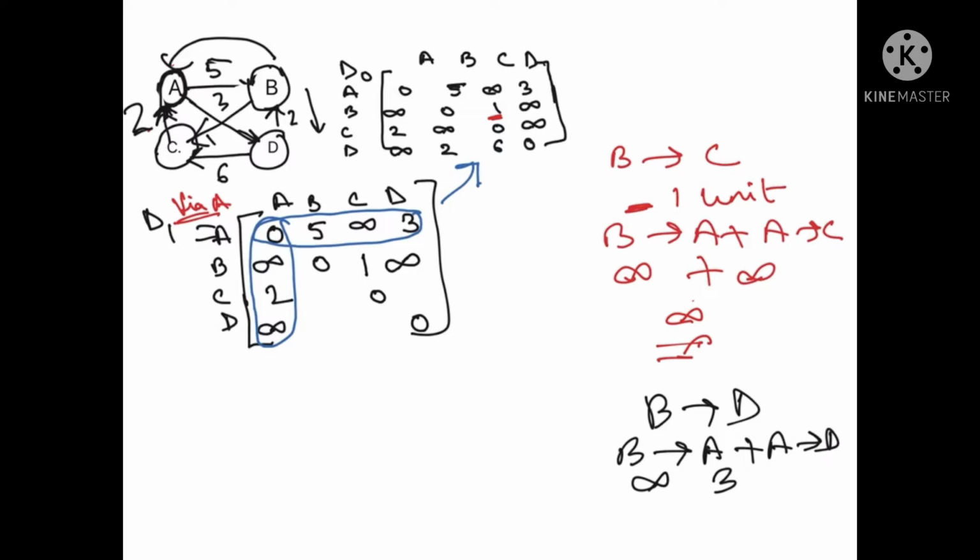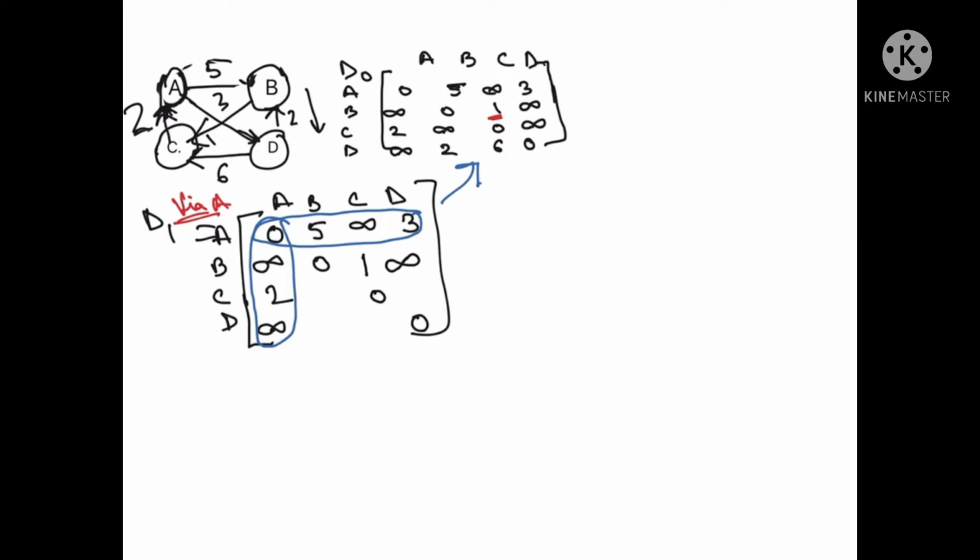Okay. So this is what it is. Now, same way, now I will go C to B. So C to B, if I have to go, this is one way. Okay. So C to B is going infinity. The other way is C to A and then A to B. So this is very easy.